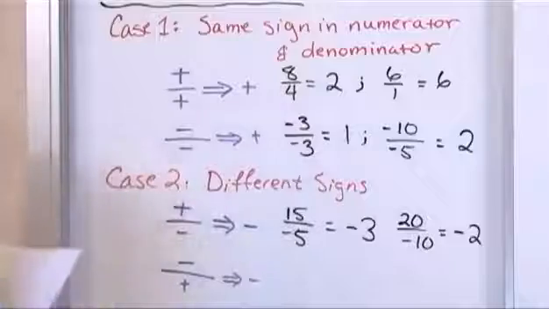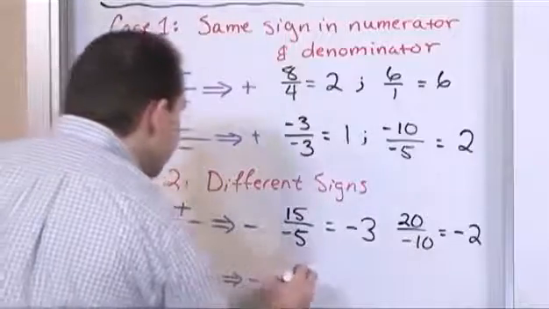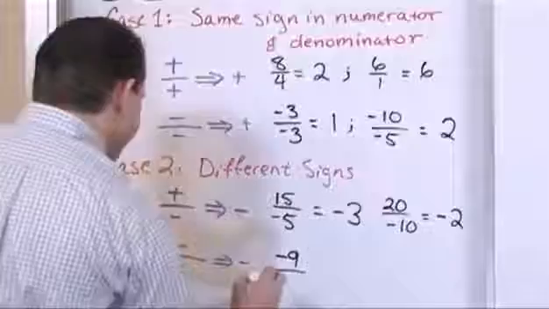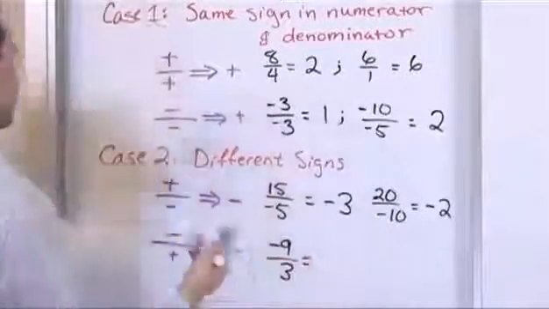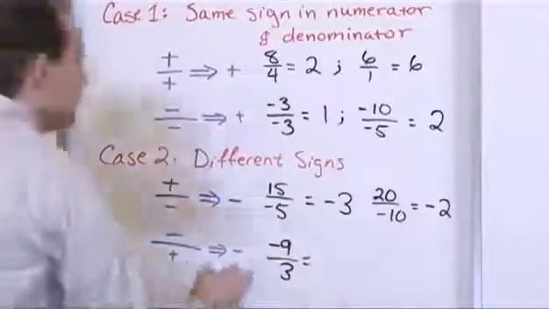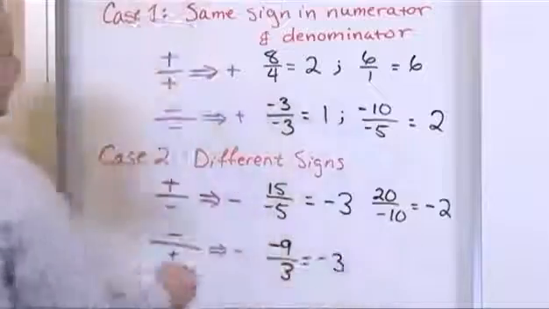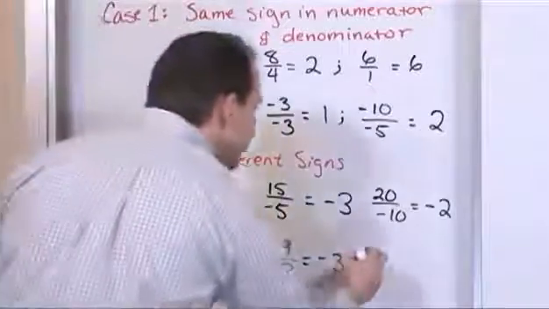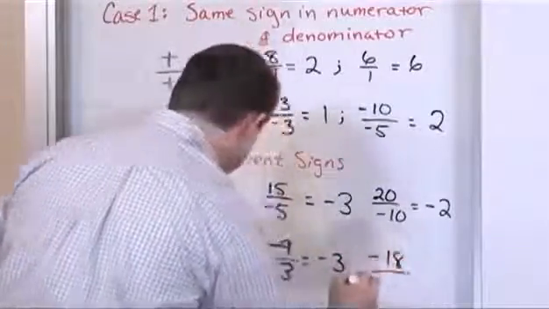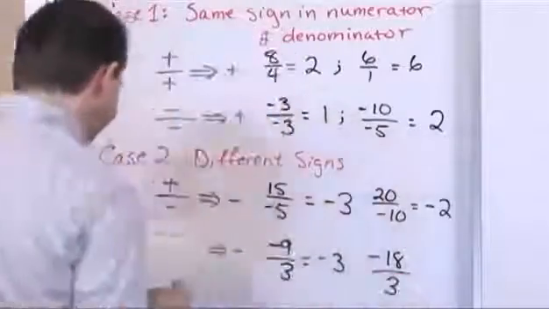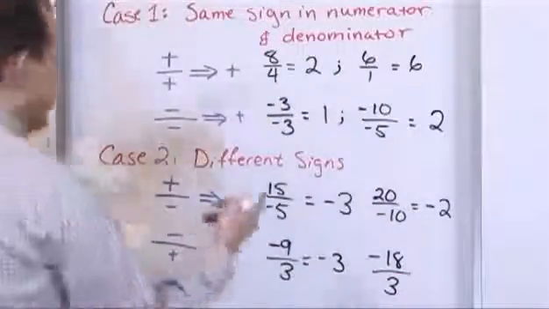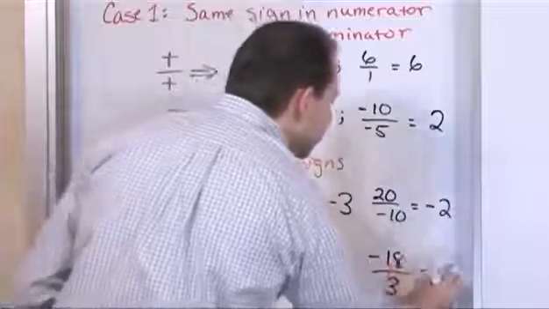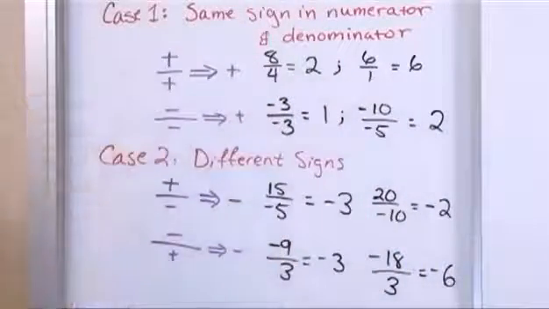You have positive divided by negative. Same thing down here. If you had negative 9 divided by 3, 9 divided by 3 gives you 3, but it's going to be negative 3 because the signs are different. And if you had negative 18 divided by 3, then you do the same thing. 18 divided by 3 gives you 6, but it's going to be a negative 6. And that's simply because the signs are different. So same rules as multiplication.